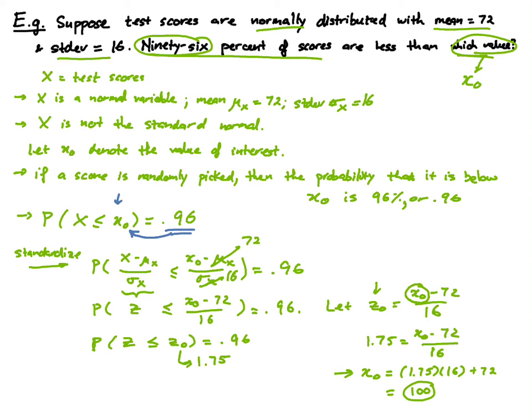So in this video we looked at an example where instead of being given a value and finding the probability, we're given the probability and we need to go backward and find the value that gives us that probability. So this is not a straightforward problem, not something that we have been used to, so make sure you can do this kind of problem going forward.